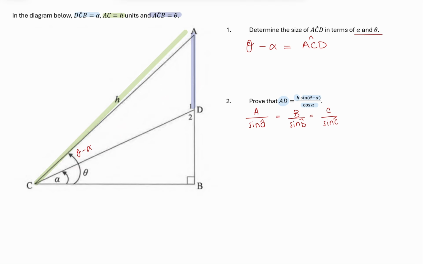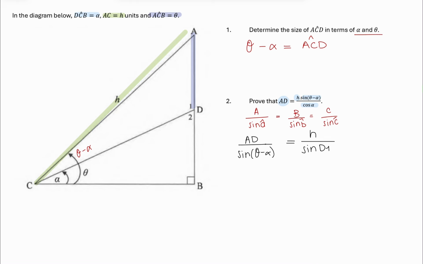So I already know a portion of my formula is going to say AD equals sine theta minus alpha. But now the other side is the concerning part. So we would have H over. Now the reason I chose H is because there's H within our proof. So H, if we're doing the sine rule, do you see that angle D1?